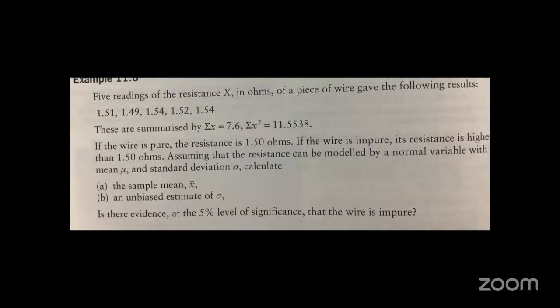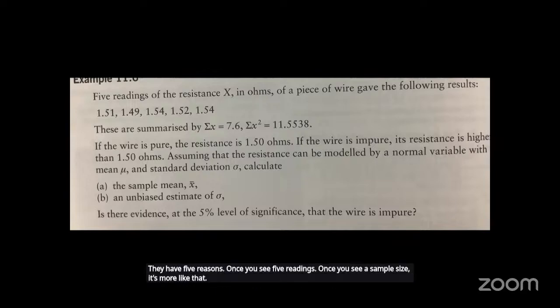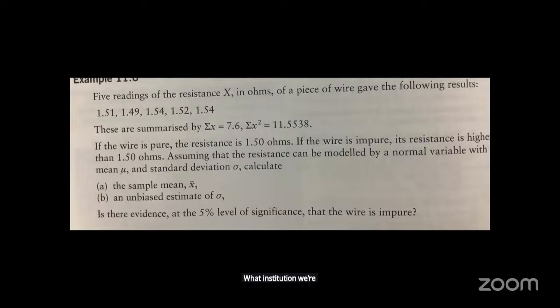So you have 5 readings. Once you see a sample size that small, what distribution are we going to use to solve the question? You only have 5 values. What do you think we're going to use?